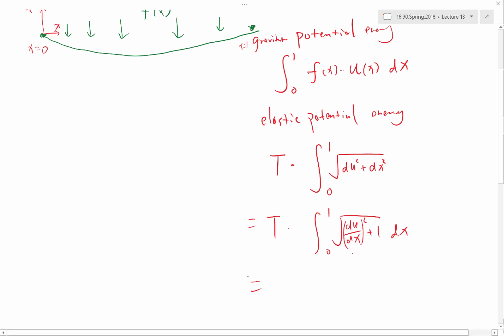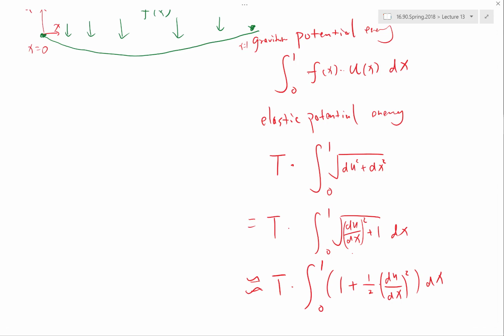So this is approximately t times the integral from 0 to 1 of 1 plus half du dx squared, dx. 1 is the value when du dx is 0, plus the derivative, half, times du dx squared. Now you see why I was trying to put a minus 1 here, because it cancels with that guy. But it doesn't matter, it's just a constant term.